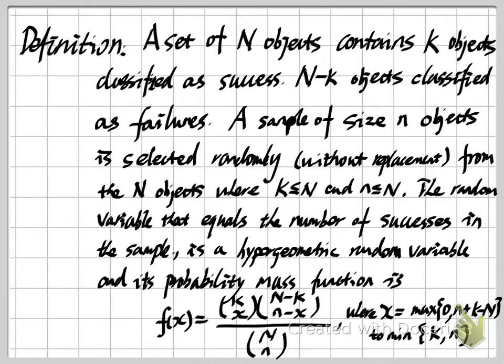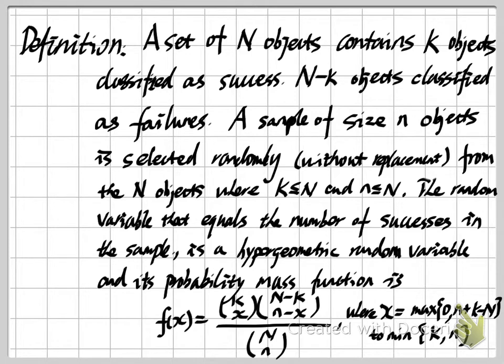Okay, and here, for our small x, there are some requirements, right? Because what's the meaning of x? It means how many successful items are in our whole sample. So for the sample, of course, this x should be smaller than our sample size, small n. And also, this x is about successes.